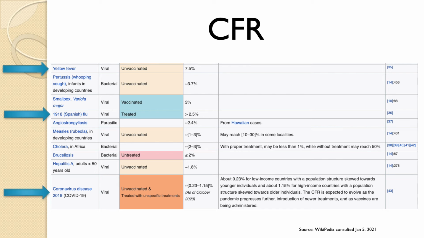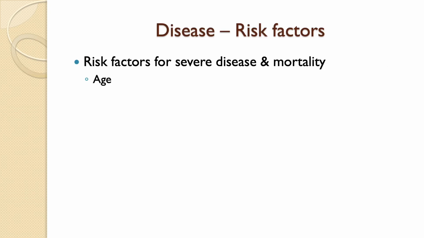Now, the coronavirus disease 2019, Covid-19, is estimated to be between 0.23 and 1.15% in this table that I picked from Wikipedia. And I think the truth is approximately 0.3%. Risk factors are well recognized.